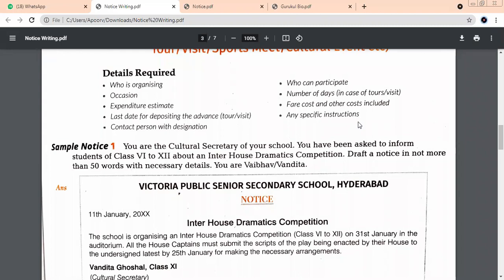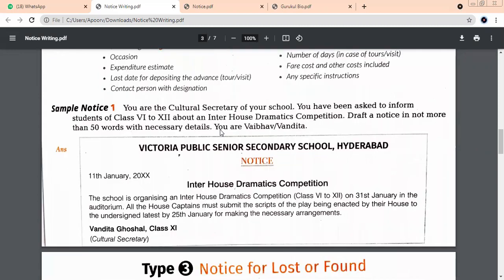Very good. And then who is the contact person? Vandita Ghosh. And what is the designation of the person? Cultural secretary.